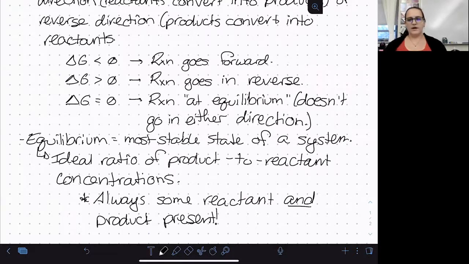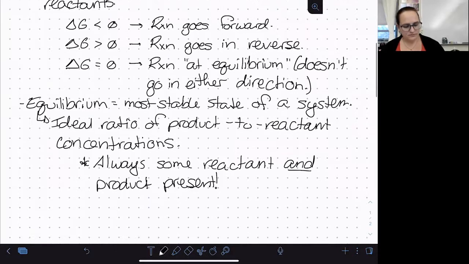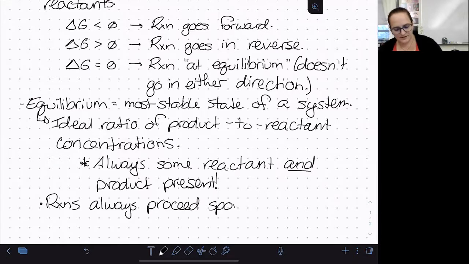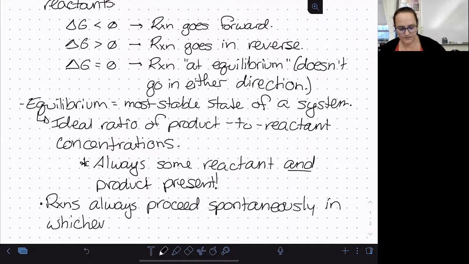So all chemical reactions proceed in whichever direction brings them closer to equilibrium. Equilibrium is our most stable state, the lowest potential energy for our system. So that is where all chemical reactions want to head towards. So our reactions always proceed spontaneously in whichever direction brings them closer to equilibrium.